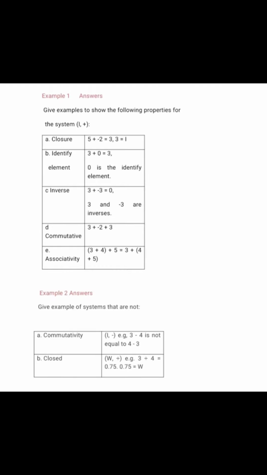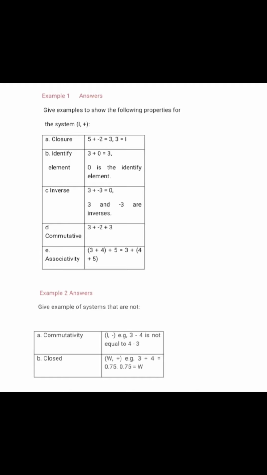Example 1. Give examples to show the following properties for the system of integers and plus. A. Closure: 5 plus negative 2 equals 3, and 3 belongs to the integers. B. Identity element: 3 plus 0 equals 3. 0 is the identity element. C. Inverse: 3 plus negative 3 equals 0. 3 and negative 3 are inverses.